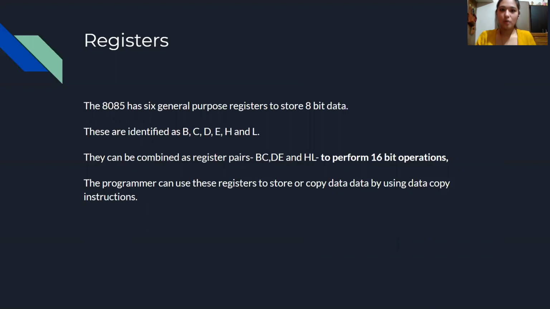These are used by programmers to copy data using data copy instructions such as MVI or MOV. One thing to note is that each of the registers B, C, D, E, H and L has 8-bit data capacity.